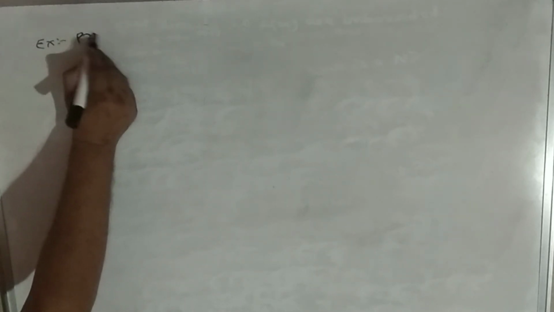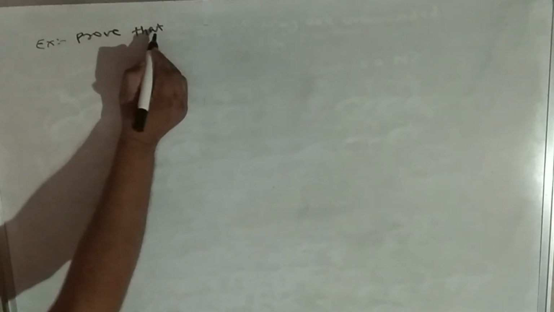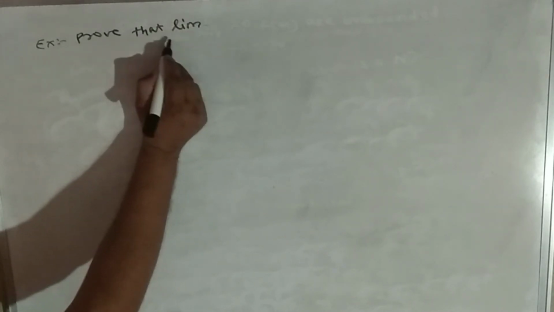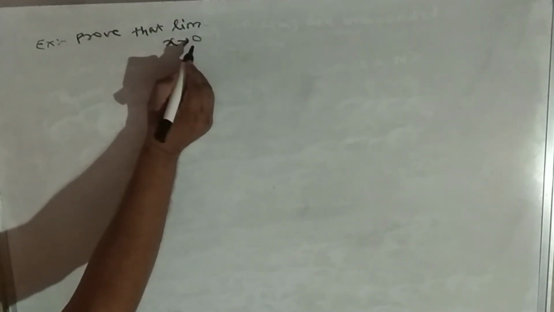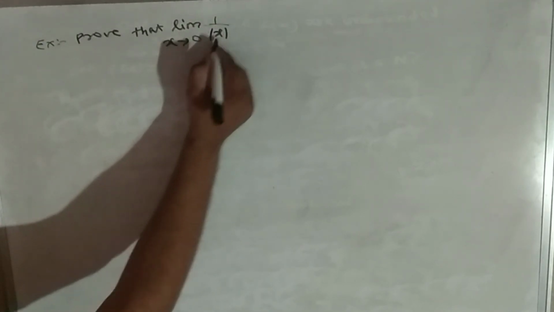Prove that the limit as x tends to 0 of the function 1 upon mod x is equal to infinity.